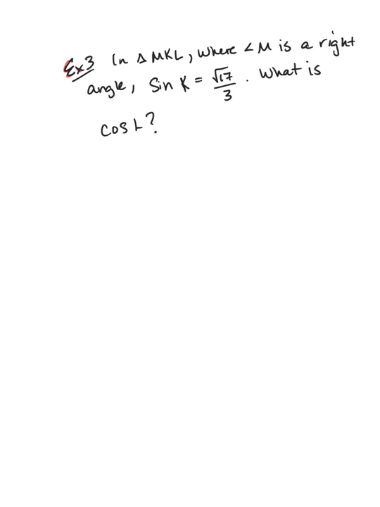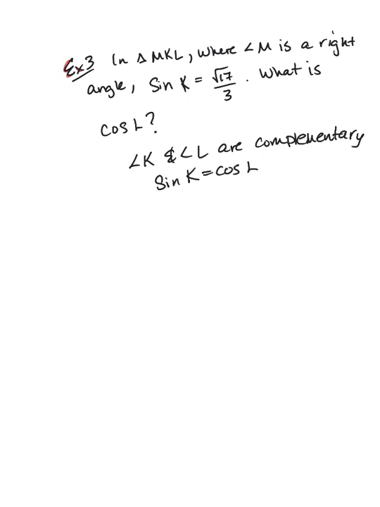Just think to yourself, if M is the right angle, that means angle K and angle L are complementary. So just remember, the sine of K is the cosine of L. Therefore, the cosine of L is the same as the sine of K, which is the square root of 17 over 3. Don't go overthinking it.